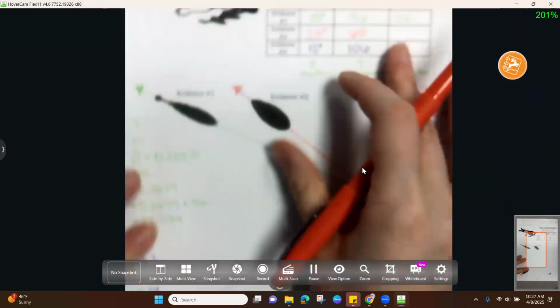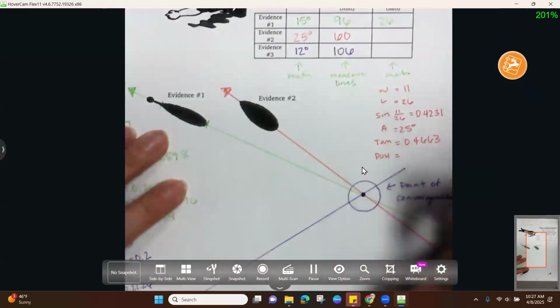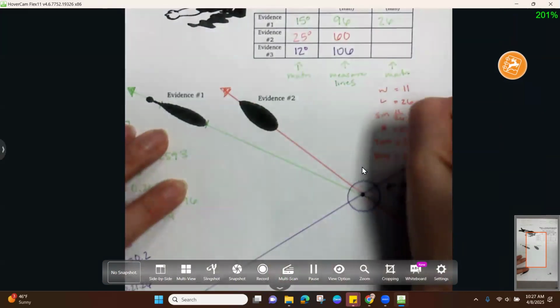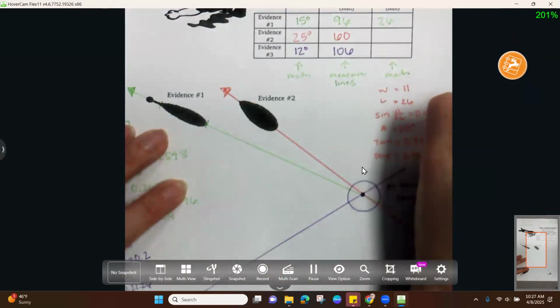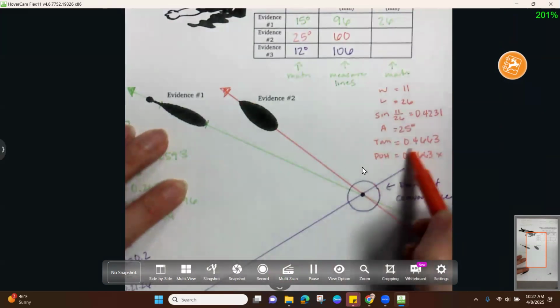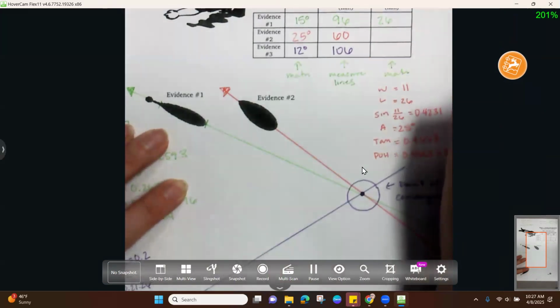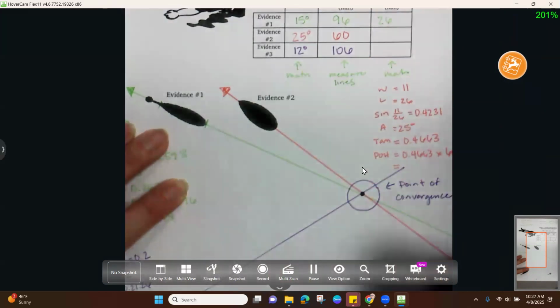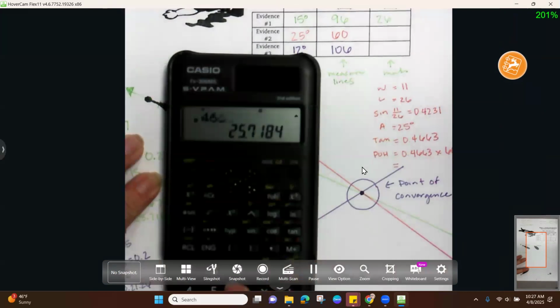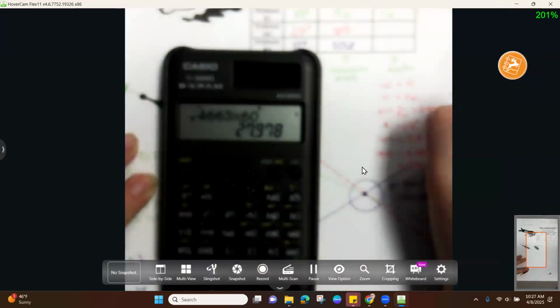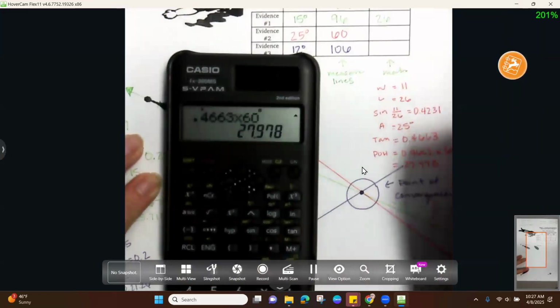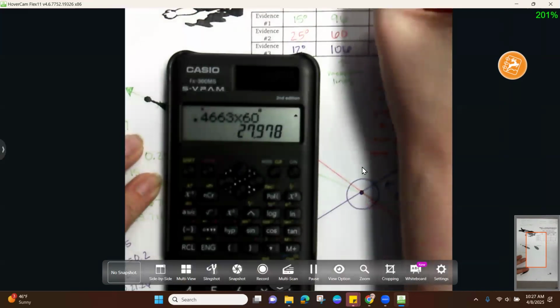Blood 2, we're going to have 0.4663 times, so tangent times the distance equals the height. 27.978. I'm going to round to 28.